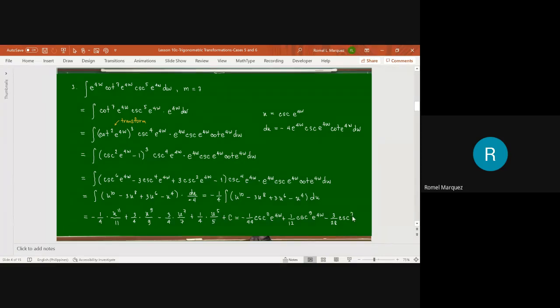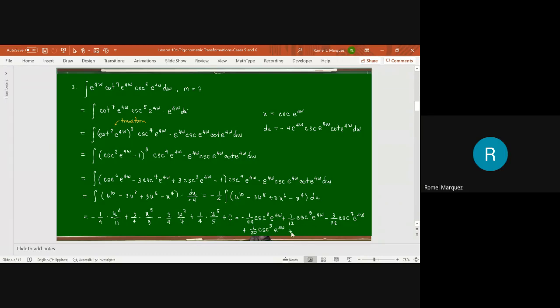To the 7th of e to the 4w plus 1 over 20 cosecant of e to the 4w quantity to the, so that cosecant is raised to 5, no?